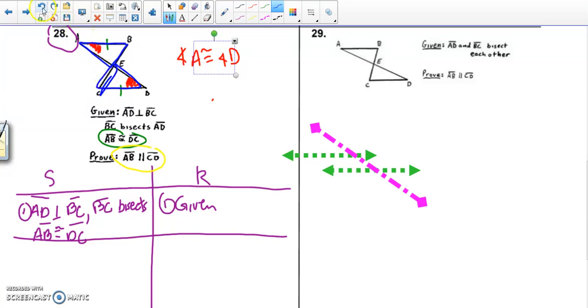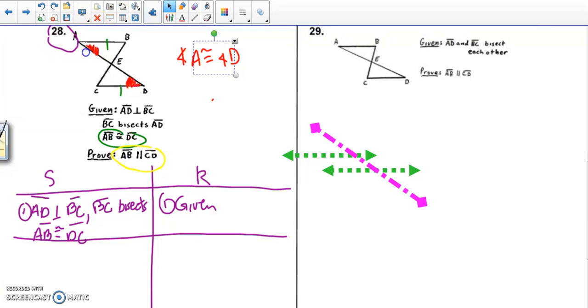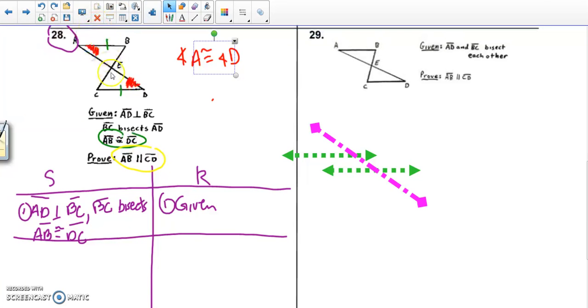So that becomes our goal. If we can simply prove that the triangles are congruent, that will mean that angle A and angle D are congruent because of CPCTC. And if those angles are congruent, then that will mean that the lines are parallel because the alternate interior angles are congruent. So it's a whole chain of events here.